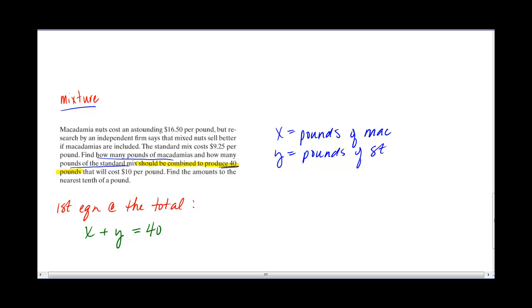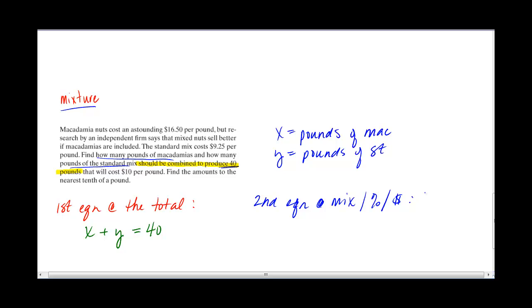The second equation is always going to be about the mixture. Second equation is about the mixture. And the mixture can be percents or dollars. Okay, so the second equation is some sort of combination of what we're mixing.